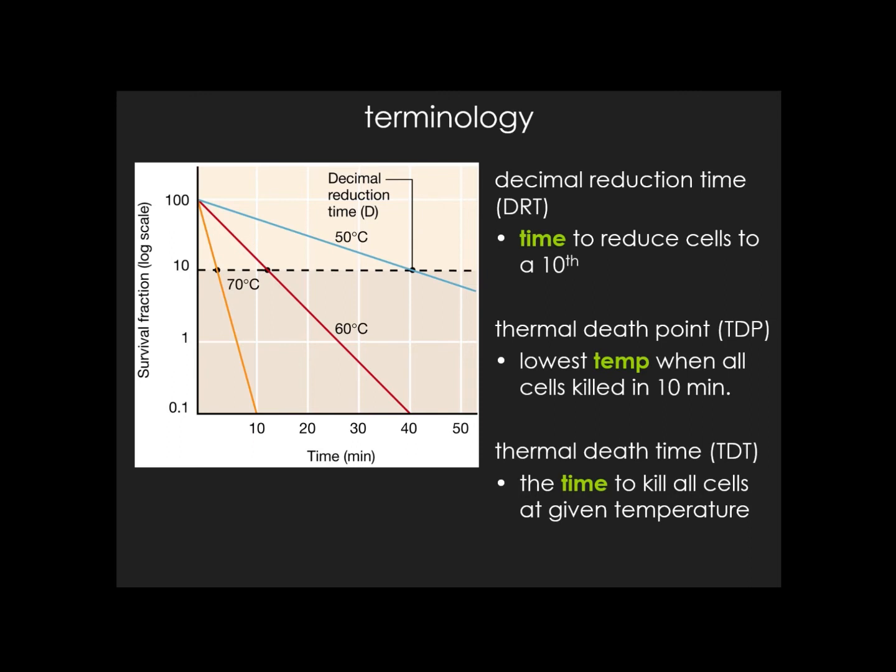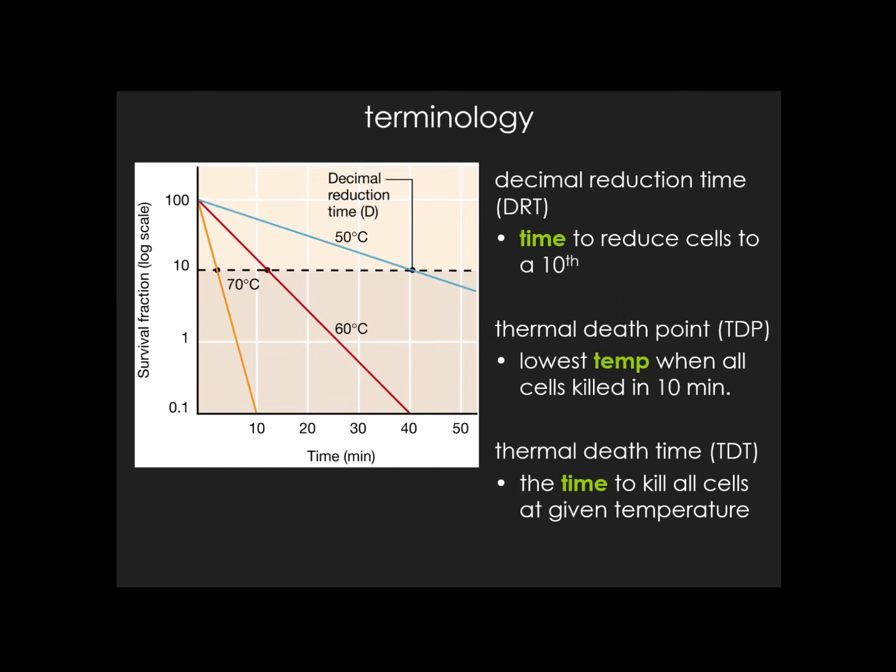So the thermal death point is 70 degrees. The thermal death time at 70 degrees is 10 minutes. The thermal death time at 60 degrees is 40 minutes. And the thermal death time at 50 degrees cannot be determined from the data that you have in front of you. So that's a little bit of terminology before we move into this idea of controlling microbial growth.